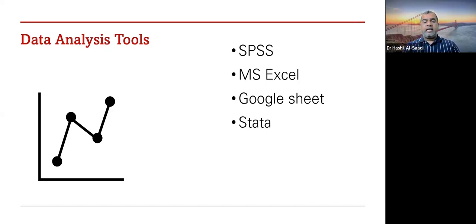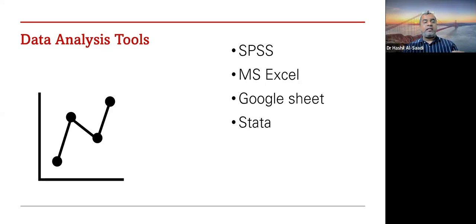Okay, Stata can help you again with doing all the statistics, descriptive, inferential, but it can also help you design these visual illustrations, like the graphs, the charts, the table, the bar charts, and so on. Okay, those are all visual representations. All right.